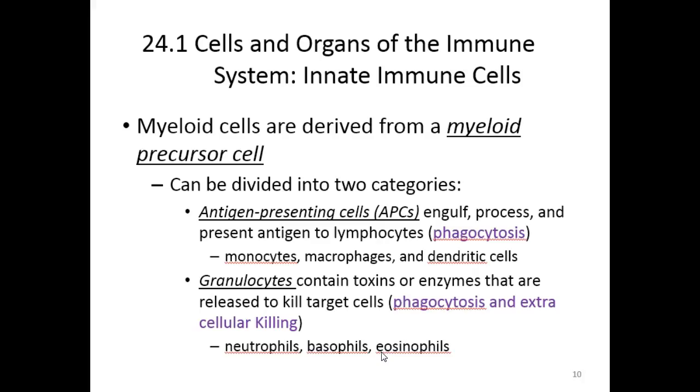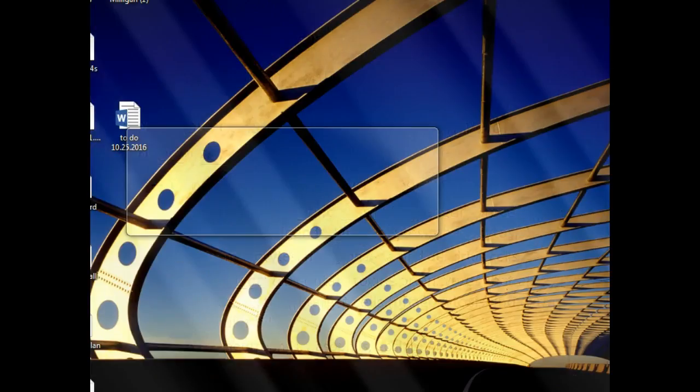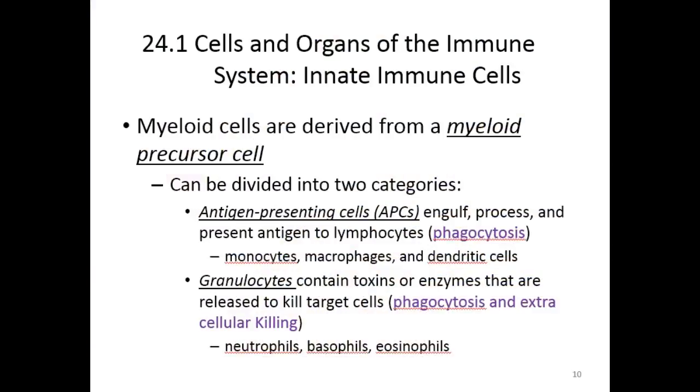So leukocytes are nucleated white blood cells, and many of them are phagocytic. Just to recap what we just said, myeloid cells are derived from a myeloid precursor, and they're divided into two categories. The so-called antigen-presenting cells engulf, process, and then present antigen to the lymphocytes, which links the innate and the acquired response.